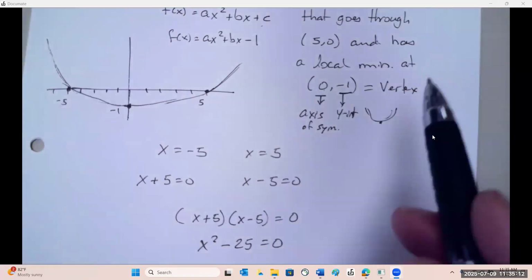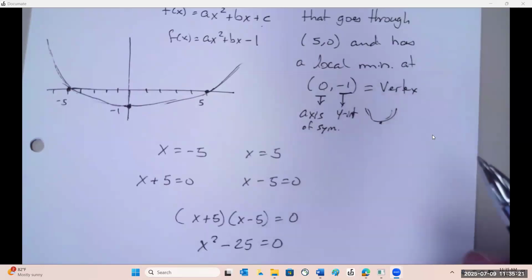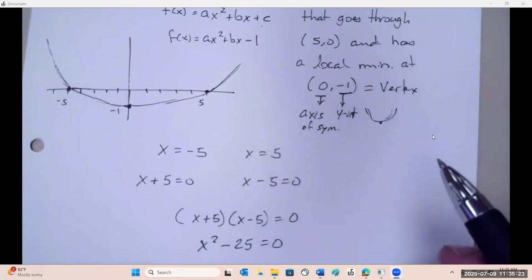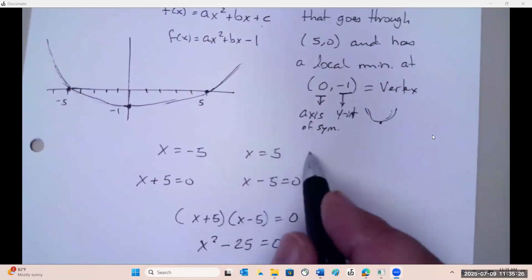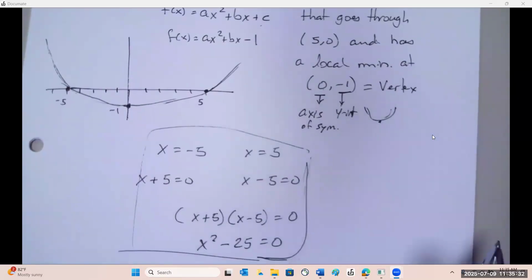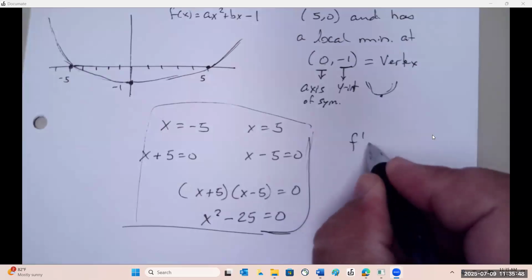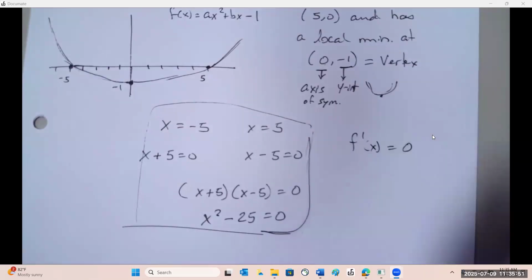If that's the local minimum, how do we find this value? How do you find the maximum and minimum? We just talked about it the last couple of days. How do you find the extrema? Right, the first derivative equals 0.